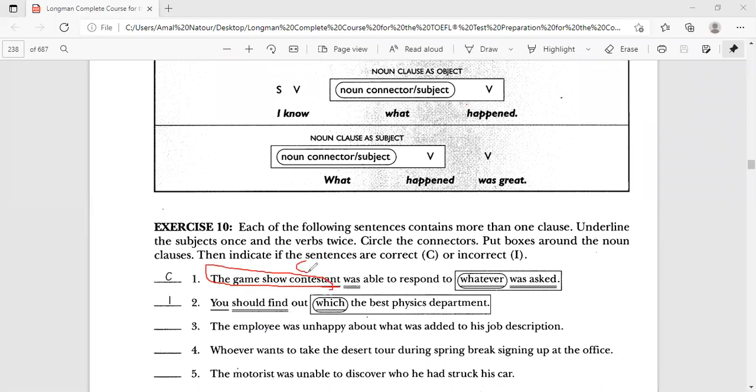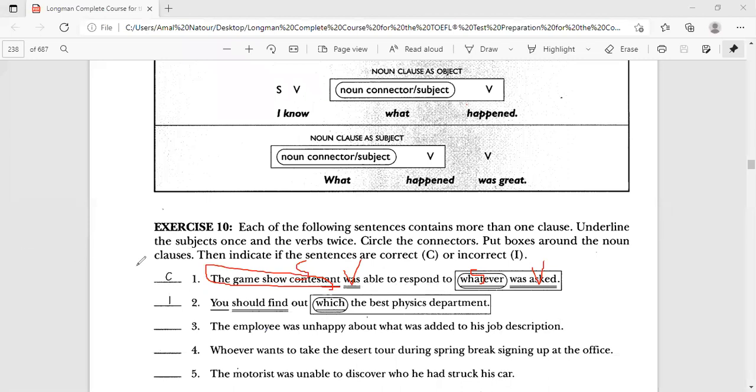Was is the verb. Was able to respond to whatever was asked. Here is another verb, and this whatever is the connector. It plays the role of the subject, and it plays the role of the connector between the first and the second clause, and the whole clause with the connector plays the object for the verb was able to.